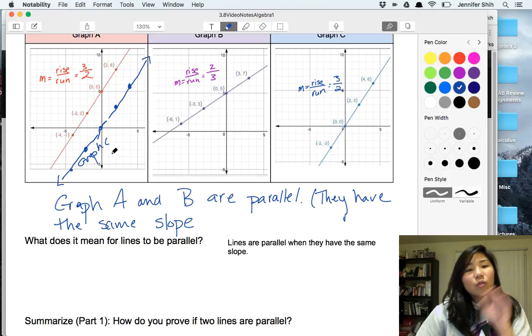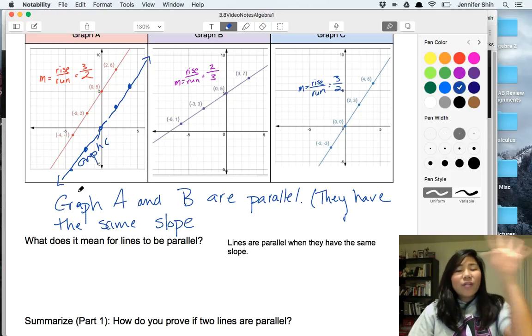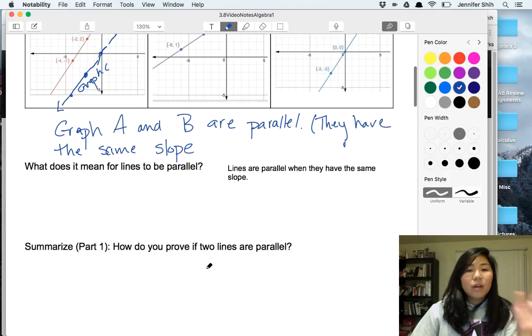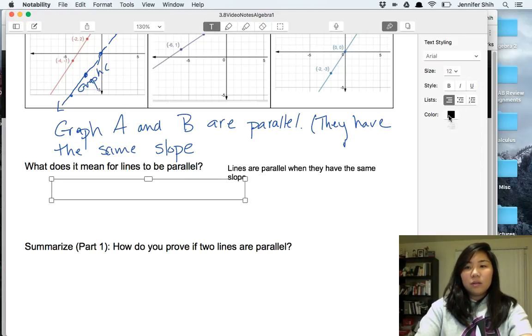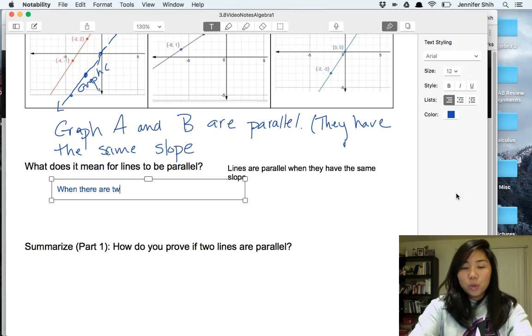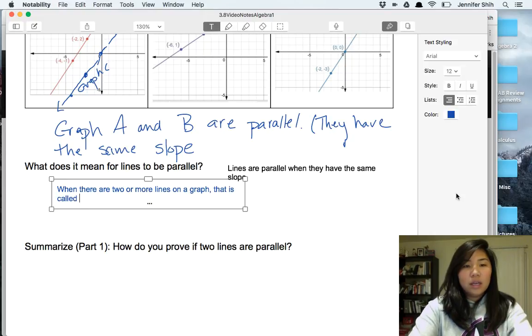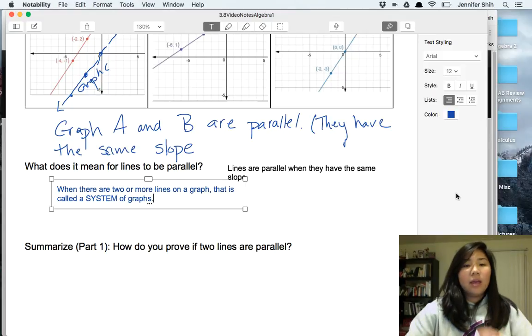And now graph A, this graph has 2 lines. When there are two or more lines on a graph, that is called a system of graphs.